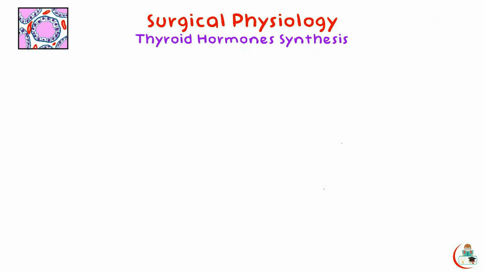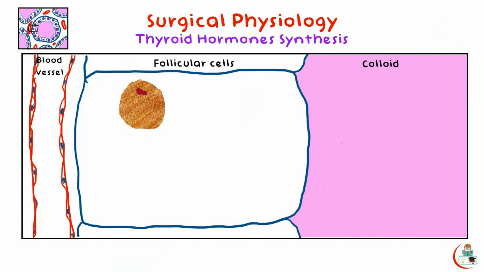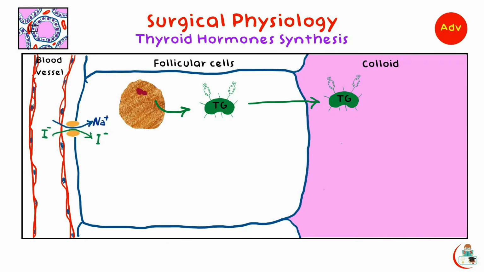Surgical physiology. Thyroid hormone synthesis is as follows. Thyroglobulin is synthesized by the follicular cells and then is secreted in the lumen of the follicles to be stored in the colloid. Iodide ions are pumped into the follicular cells with the sodium ions and then pumped to the colloid in exchange with chloride ions.